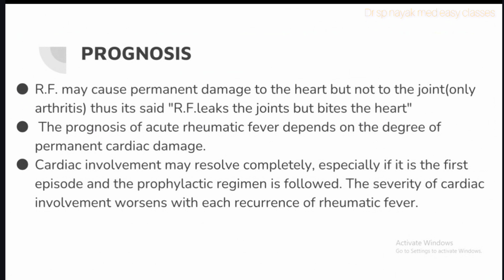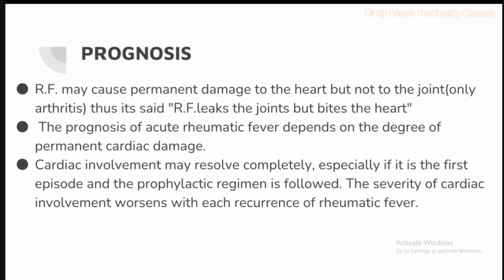If there is no permanent cardiac damage or muscle damage, then this immunological response can be cured by following the prophylactic regime. The severity of cardiac involvement worsens with each recurrence of rheumatic fever. With each recurrence, cardiac damage occurs and the cardiac condition worsens.